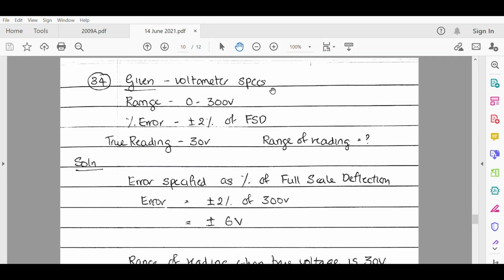The range is 0 to 300 volt. The percentage error is specified as a percentage of the full scale deflection, plus or minus 2%. The true reading is 30 volts, and we are required to determine the range of readings for this true reading.